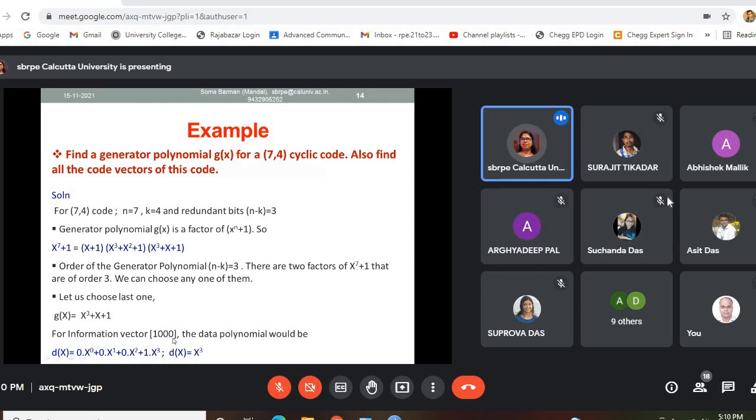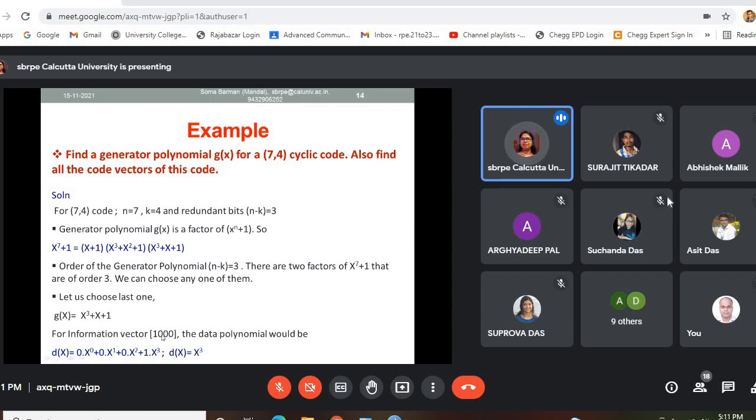I am considering this one as the LSB and that one as the MSB. So 0 into x to the power 0 plus 0 into x to the power 1 plus 0 into x to the power 2 and 1 into x cube. So your data polynomial is x cube for this case.